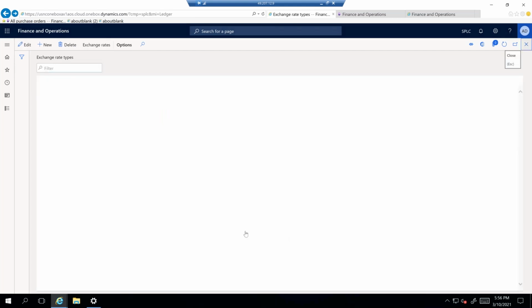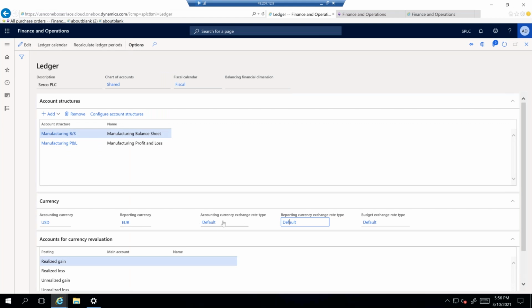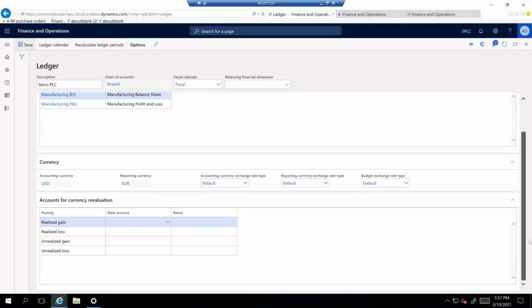So transaction currency versus accounting currency is set up here, and transaction currency versus reporting currency is set up here, and if you want it differently for budgeting, you can have different budgets. Okay, now you need to map the gain or loss here. Gain accounts or loss accounts you need to map here.